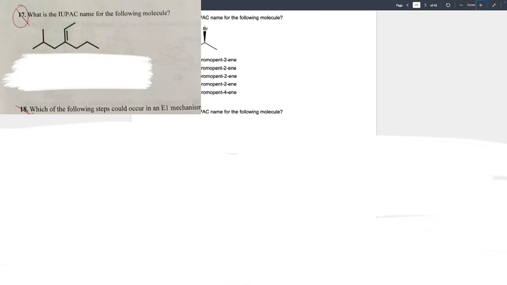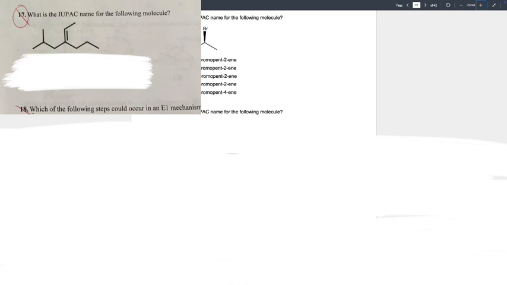Okay, so step one, what do we need to do? Count your carbon chain. We have to be careful, because step one says count your longest carbon chain, but it says something else: that contains the highest priority functional group.